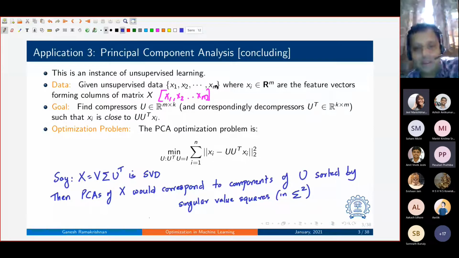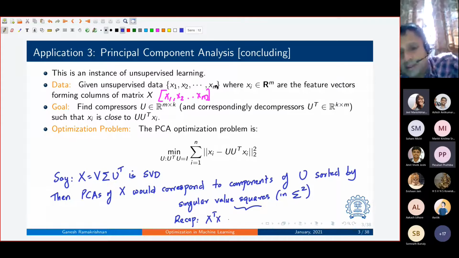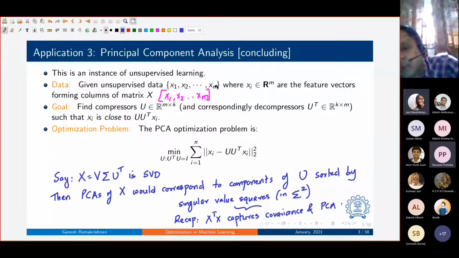Singular values squared, because you recap that X transpose X captures covariance, and PCA is concerned with maximizing variance, the direction of variance.